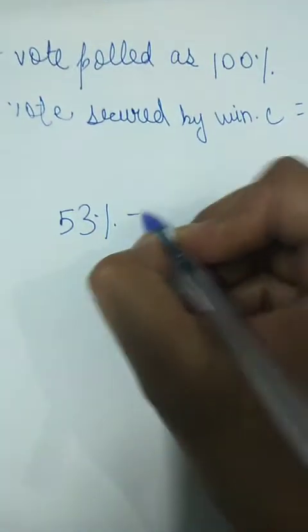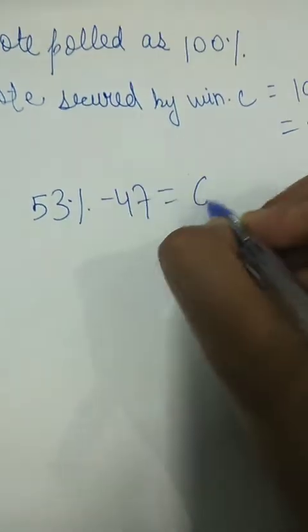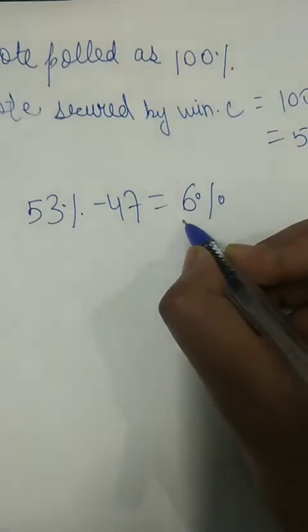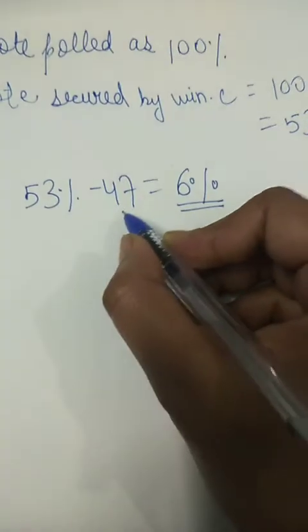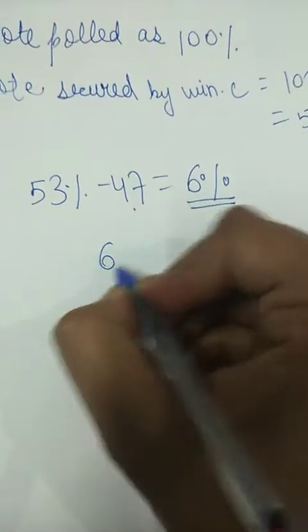Now we will find the difference between 53 and 47, which is equal to 6%, and by this much percent only this candidate lost, which is given in number as 12,366.